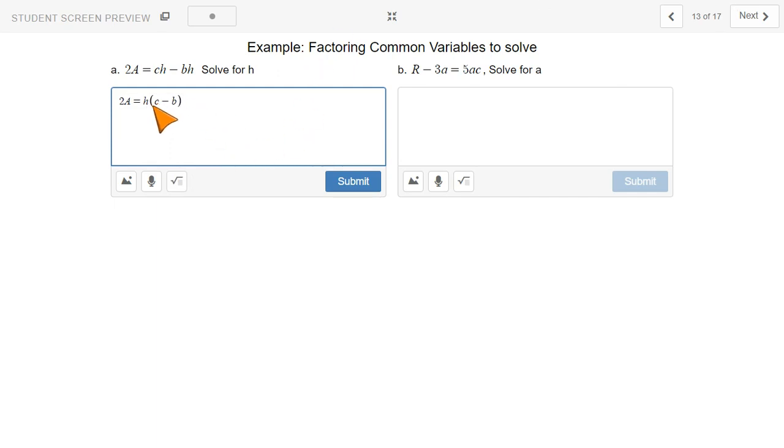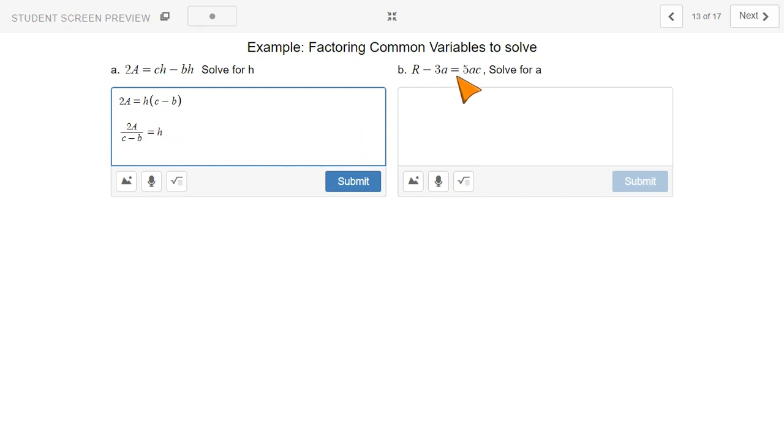Since h is being multiplied to the term c minus b, if I divide c minus b to both sides, then I have h isolated. We have 2a divided by c minus b, and this is equal to h. We've solved for the letter h.